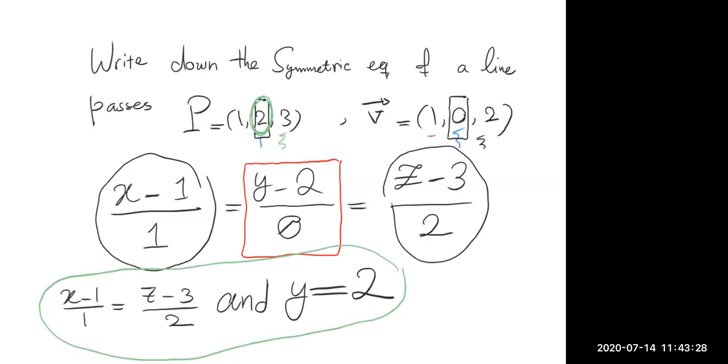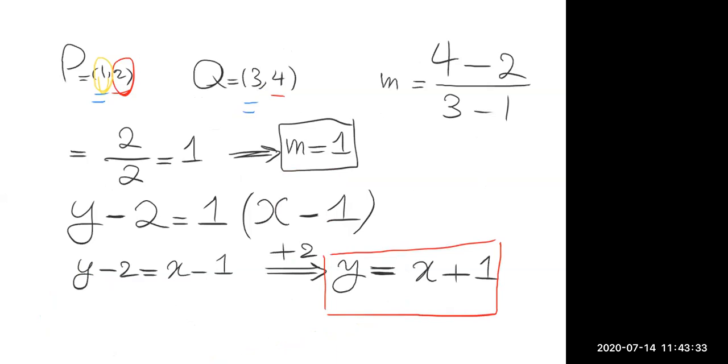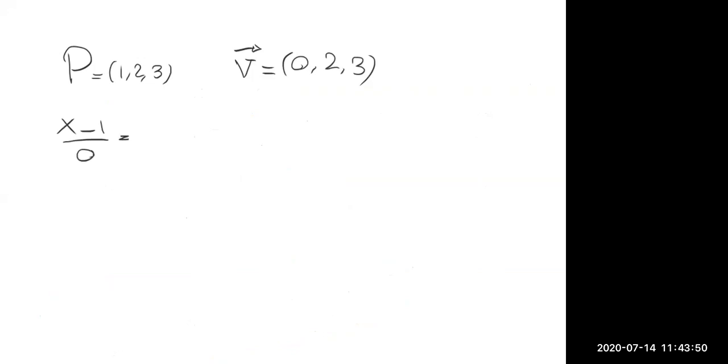Let me write down one more example. If we want to write down the symmetric equation of a line which passes through the point 1, 2, 3, and is in direction of the vector v equal to 0, 2, 3, the equation would be x minus 1 over 0 is equal to y minus 2 over 2 equal to z minus 3 over 3.